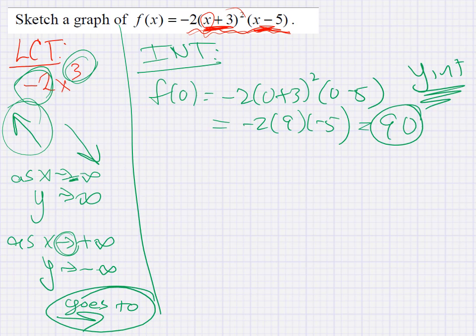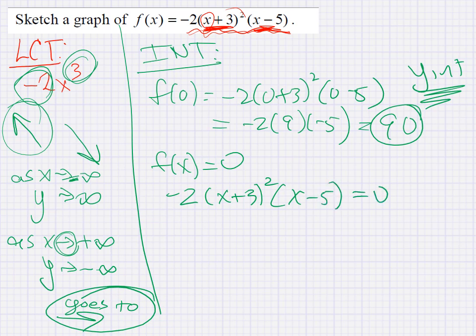And then f of x equals 0. That would be negative 2 times x plus 3 squared times x minus 5 equals 0. Now this is easy because it's already factored for us. We just set our factors equal to 0. Well, this will give me x equals 5.